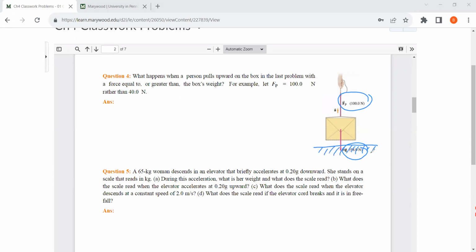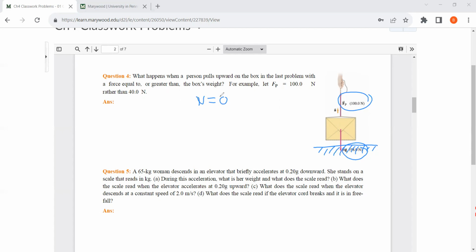So when the upward force is higher than the gravitational force, it will move upward. When it is not on any surface, the normal force is equal to 0. So without any calculation, you can tell that the normal force is equal to 0 because it is no longer on any surface, it is no longer on the table.